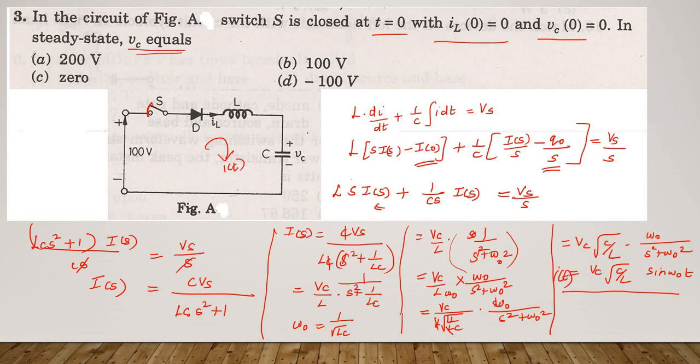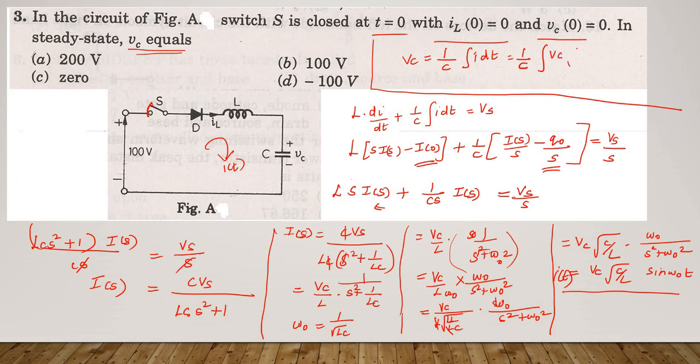The question is, in steady state, VC is equal to what? So how to find VC? VC is equal to, what is the formula? 1 by C integral I dt. What is I?